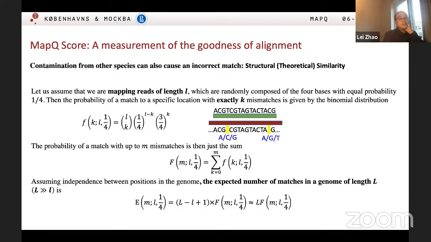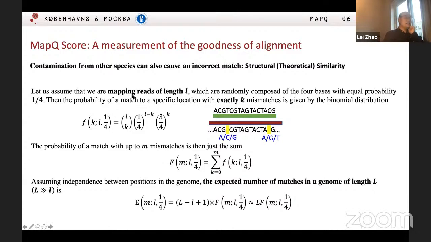We want to know whether we can find a position along the human reference for the virus. Ideally, there would be no such position, but due to the simplicity of the elements that make up the reference genome, for the virus or even for some unrelated species, if the short reads are really short, you will always find some positions for them.